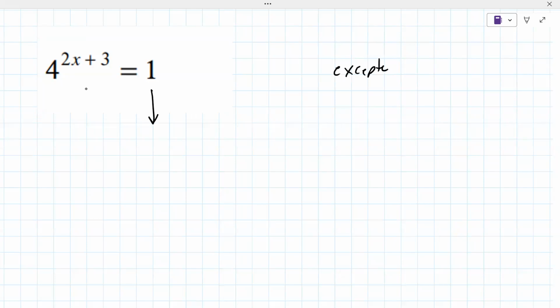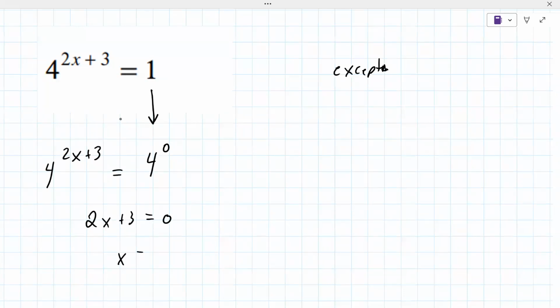So you can turn 1 into 4 to the 0 power. That's the only way it is. Normally you would say, let's change 4 into 2, but you can't. And you can't change a 4 into a 1. So that's an exception here. So you would set 2x plus 3 equal to 0, solve for x and get minus 3 halves, like that.